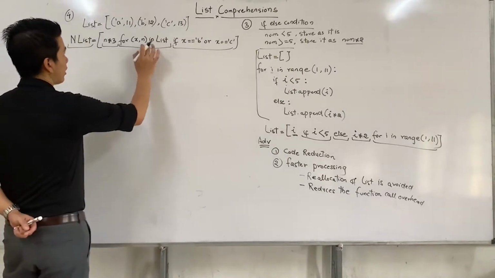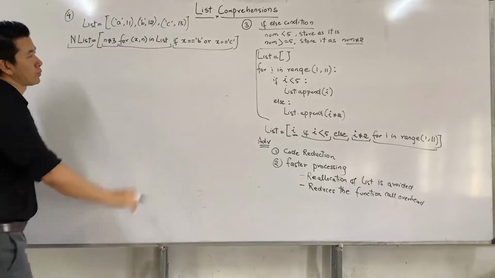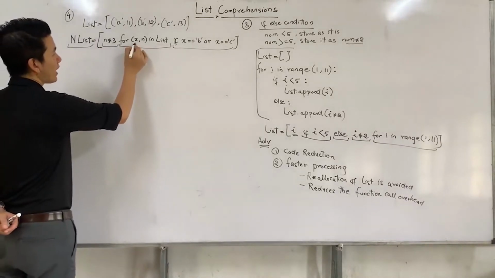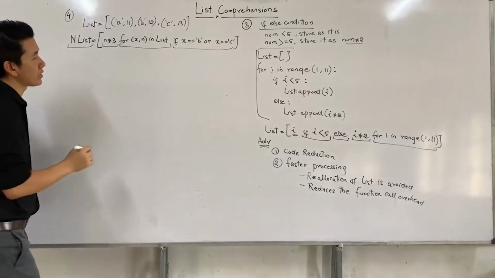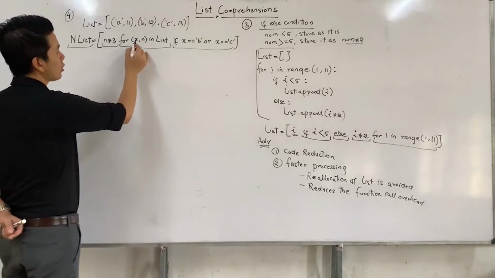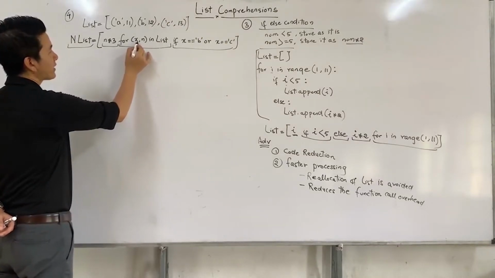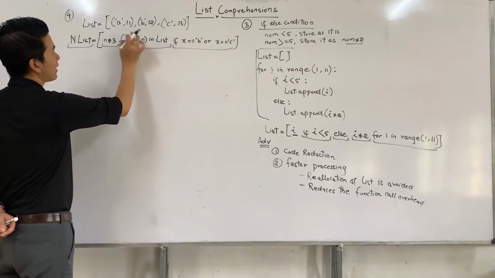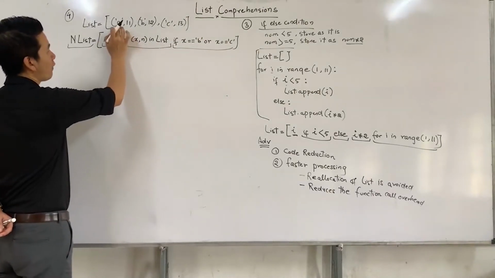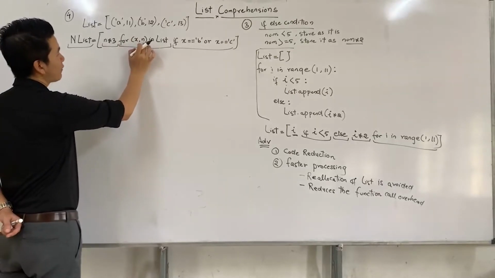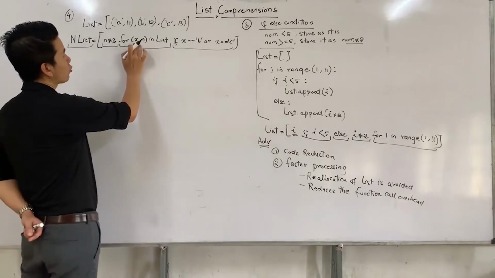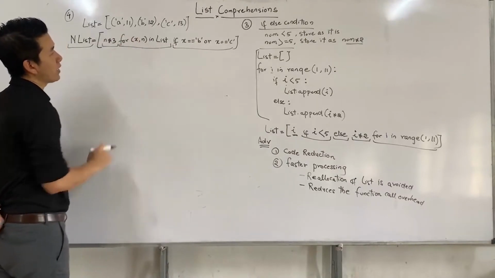If I just start executing this program, I need to start from here. So for x, n in list means the first element of list will be assigned to the 2 variables, the pair x and n. The first value of list is a and 11. So x will assume the value of a, and n will have the value of 11. So for the first loop, the value of x will be a, the value of n will be 11.